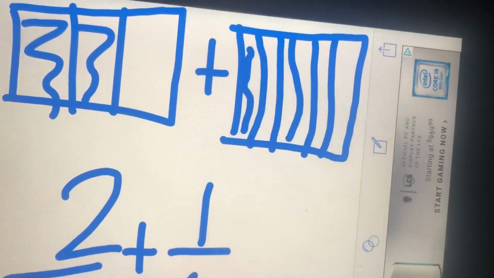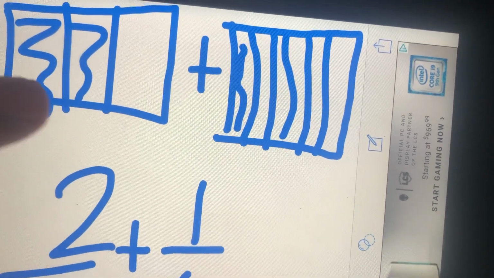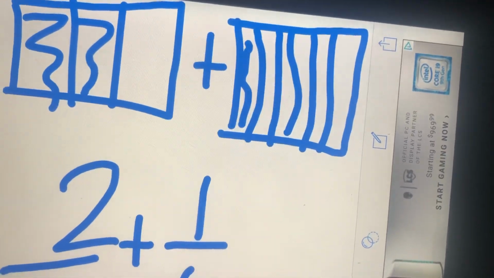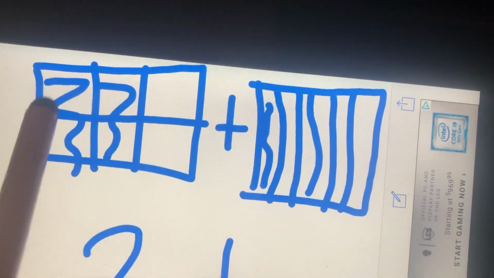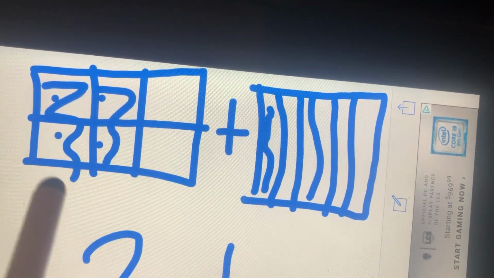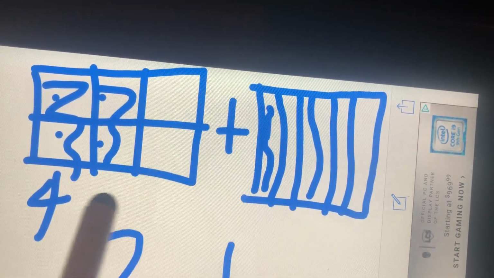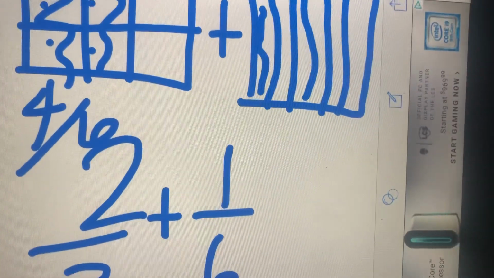So again, I would need them cut in the same amount of pieces. Well, this was already cut into 6, so I know that I could cut thirds into 6. So since I have 3 columns, I just need 2 rows. So now my equivalent fractions are now visual. 1, 2, 3, 4 out of 6 pieces. So 4/6 plus 1/6 equals 5/6.